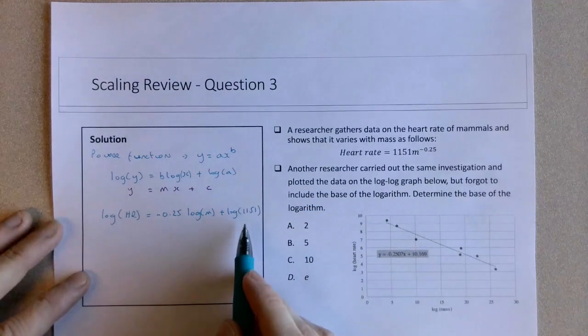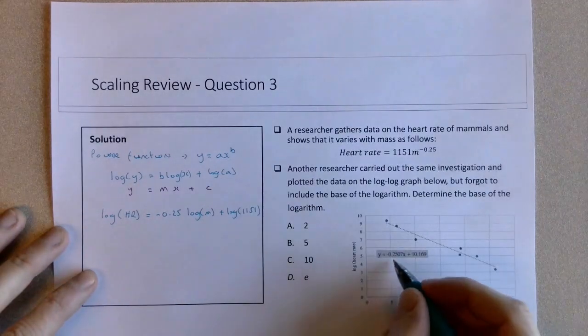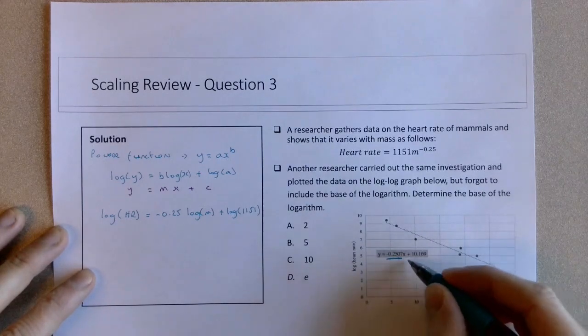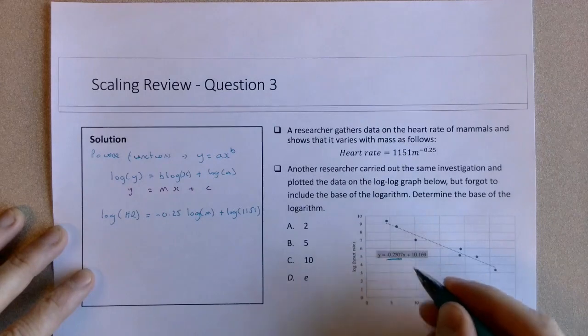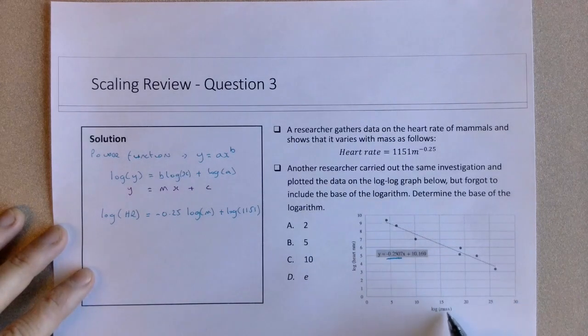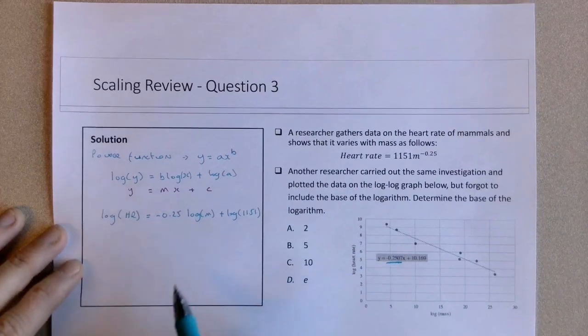And that's the coefficient. And that's why in this graph we can see that we have a slope of -0.25 times x, where x is the log of mass. So this x in the trend line is the log of mass in the x-axis. This y here is the log of the heart rate, which is what we have in this expression here.